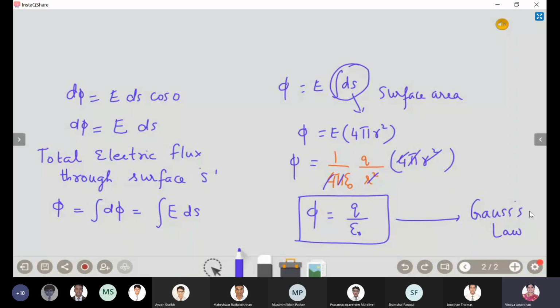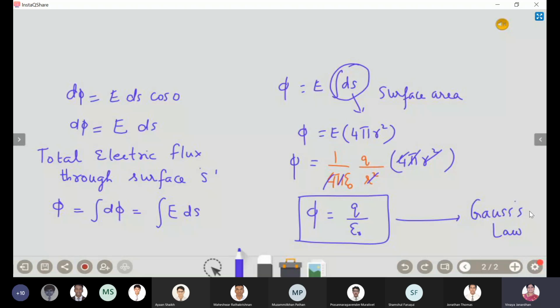Then one more relation is E equal to minus dV by dr. Shall I go for that? Deriving an expression, I finished long ago.